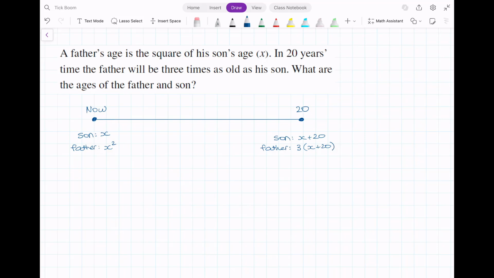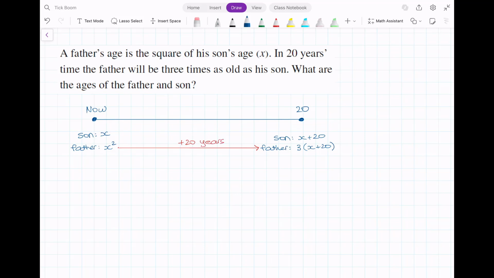And I think the key to this question, the way we can set up an equation that we can work with, is to link the 2 different representations of the age of the father. Because to go from x squared to 3 bracket x plus 20, we know that there has been plus 20 years in between those 2 points.